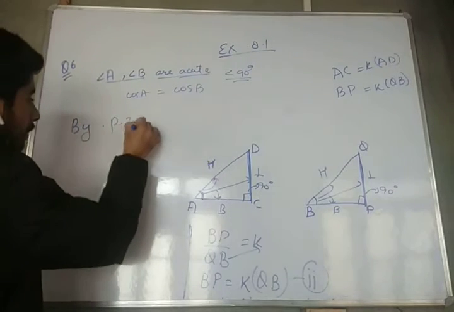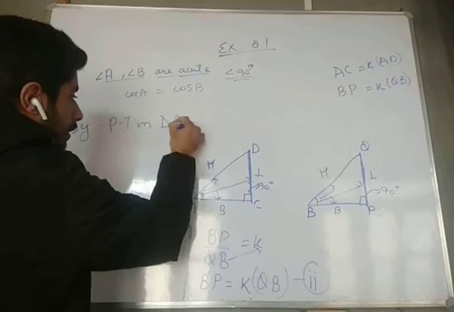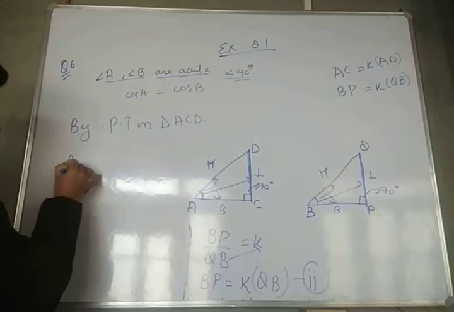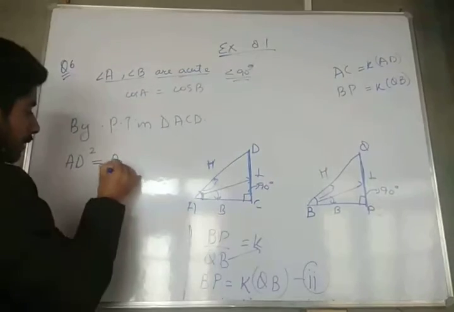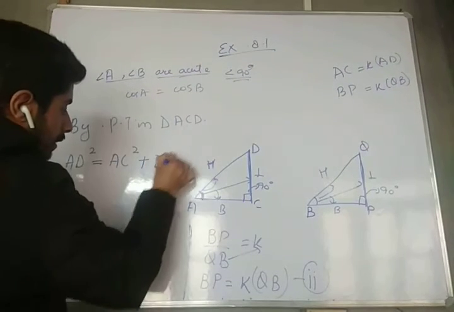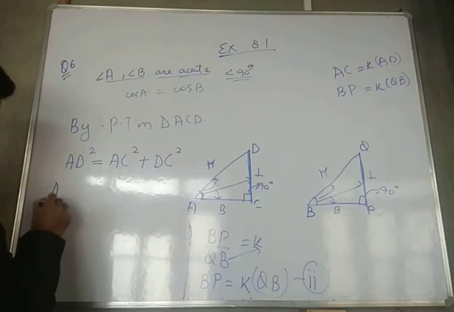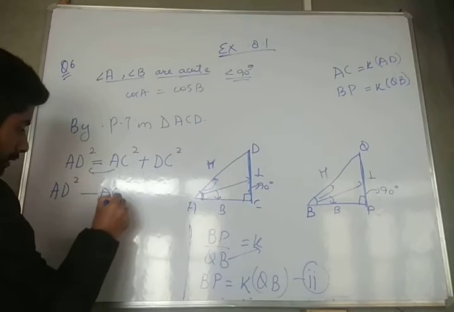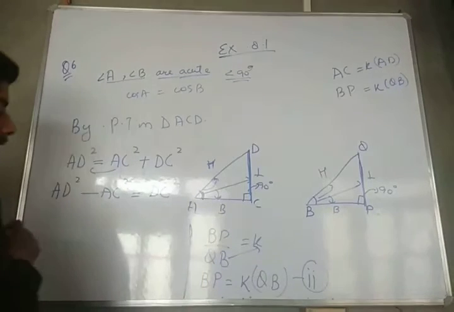By PT in triangle ACD, this hypotenuse AD square will be equal to AC square, that means base square, plus this perpendicular DC square. See, let's take this AC to this side. It's AD square minus AC square, it's equal to DC square.